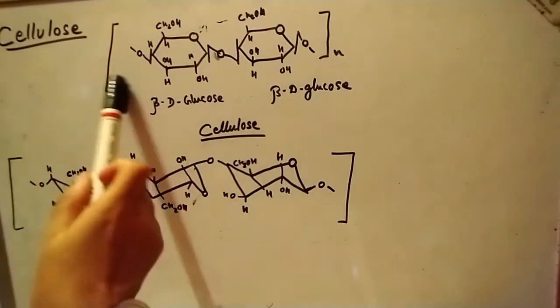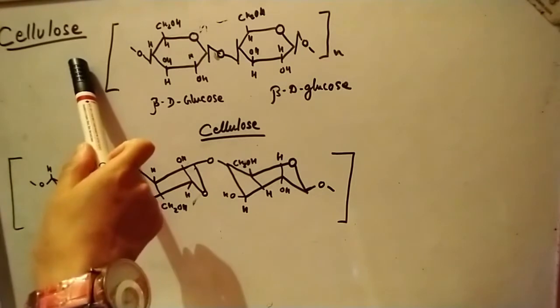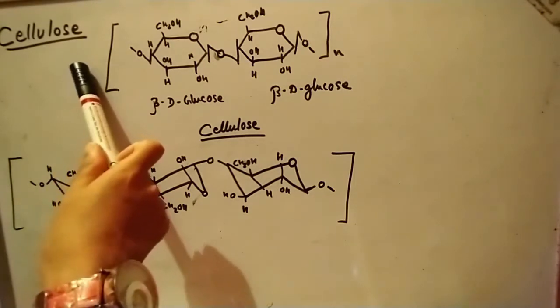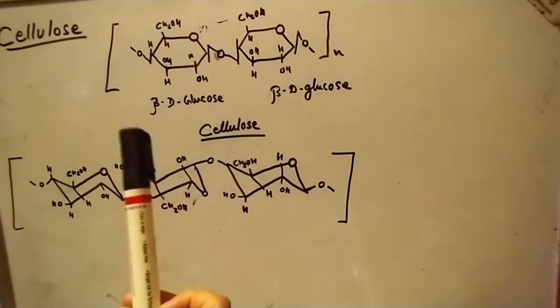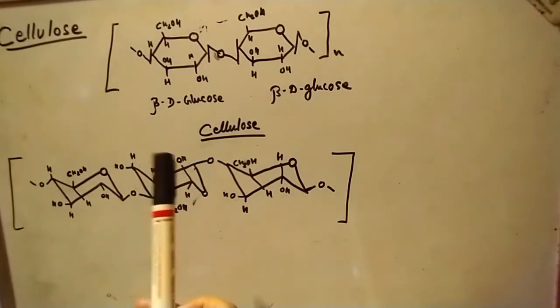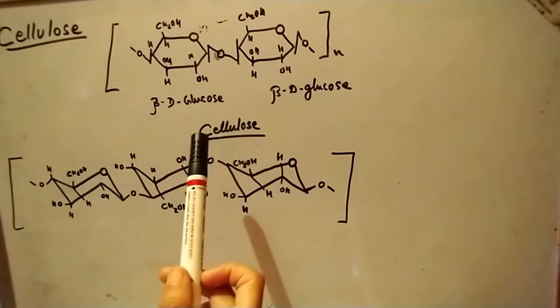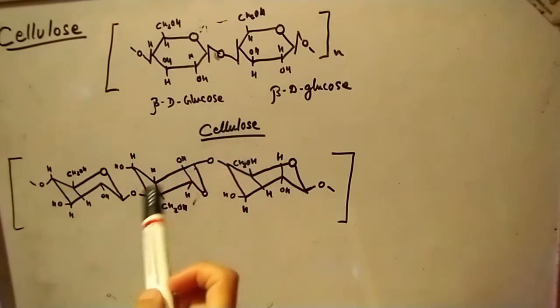So another example of homopolysaccharide is cellulose, which is one of the most abundant polysaccharides and forms a structural component of the plant cell wall.